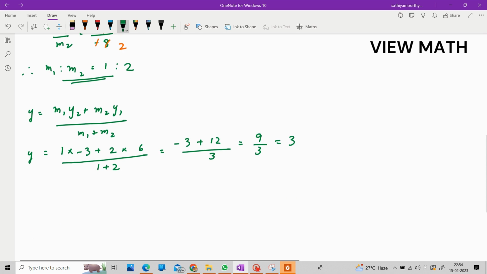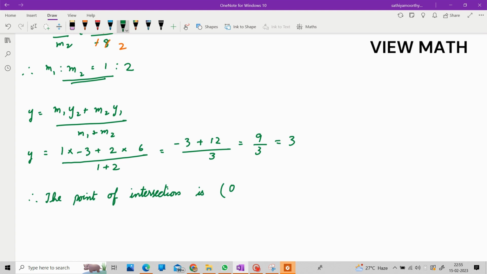Therefore the point of intersection has coordinates (0, 3). So the second subdivision we have found out.